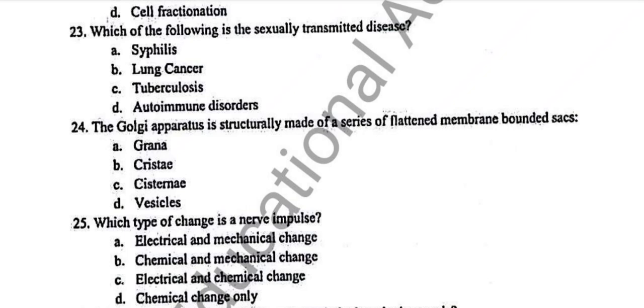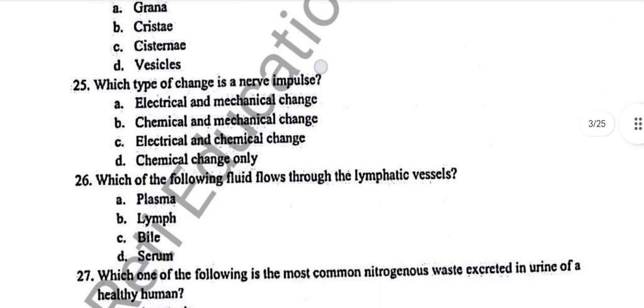The Golgi apparatus consists of stacked flattened sacs called cisternae. Grana are found in chloroplasts, cristae are folds of the inner mitochondrial membrane, vesicles transport materials but are not the main structural sacs.